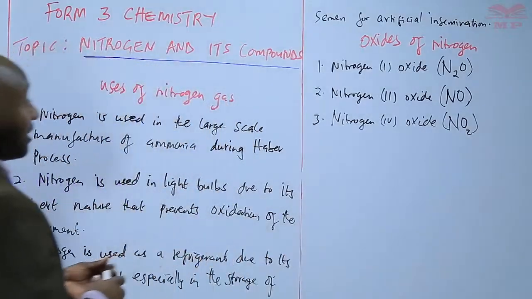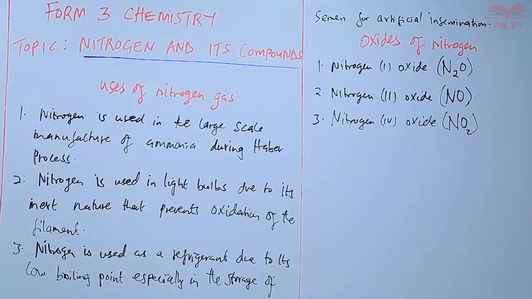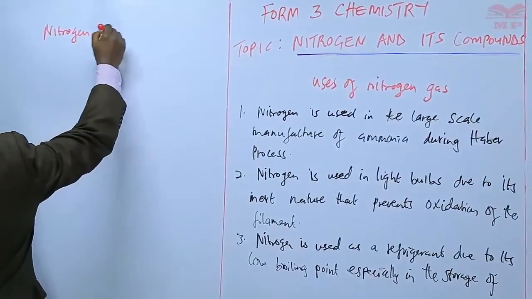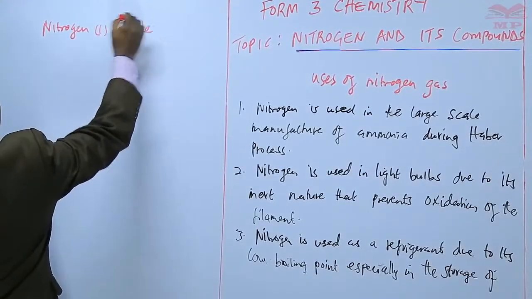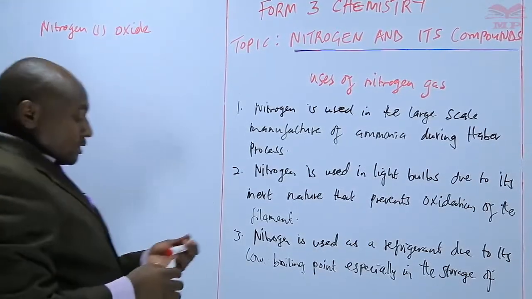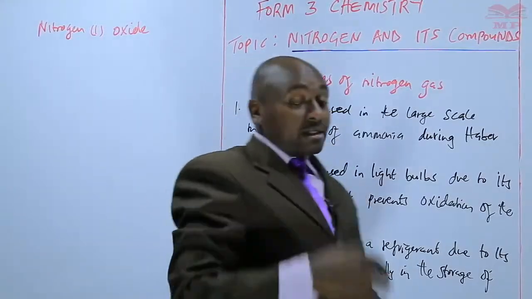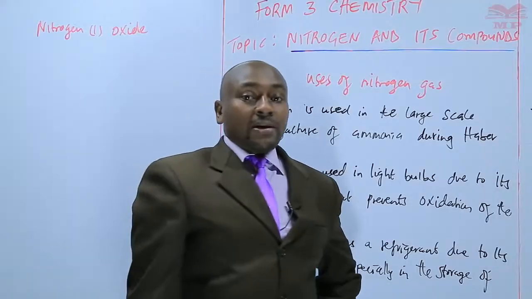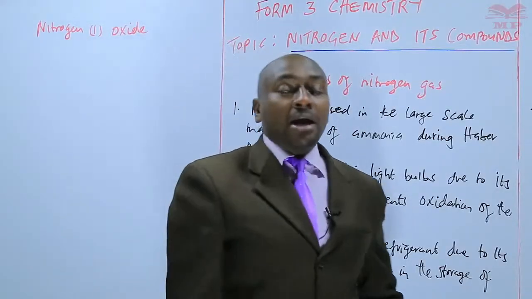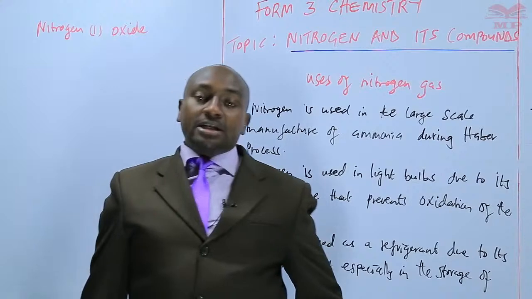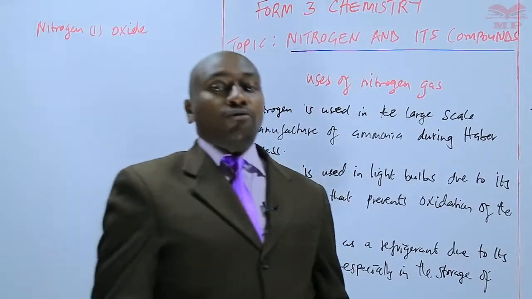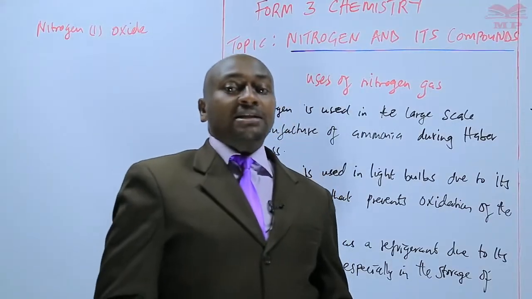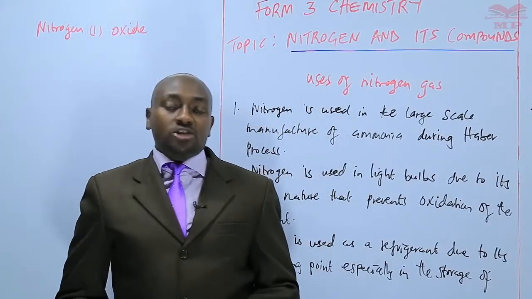So we'll start with the first one, and this is nitrogen 1 oxide. In its preparation, it is prepared in the laboratory by heating ammonium nitrate. In Form 2, under the topic of salts, we learnt about the action of heat on nitrates.